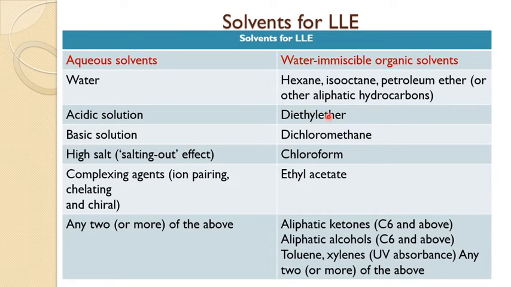For a basic solution, you use DCM, that is dichloromethane. If you observe the salting out effect with high salt, then you use an organic solvent like chloroform. For a complexing agent like ion pairing, chelating or chiral compound, you use ethyl acetate, or if you have to mix the above 2, you analyze with aliphatic ketones or aliphatic alcohols, toluene, etc. You can also use a mixture of these 2 solvents.